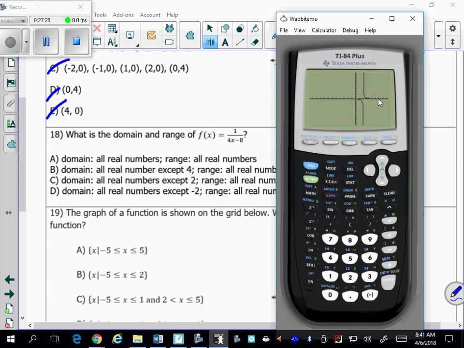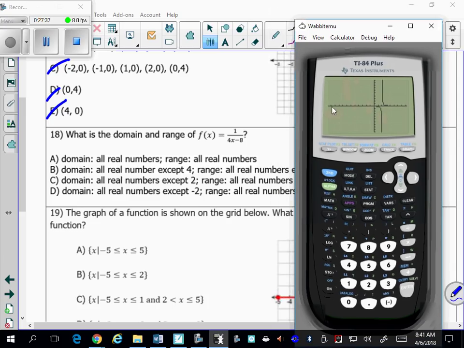The domain is all the real numbers, except there's a split here. So if you were to squish it all to the x-axis, there's a blank spot at, looks like 2. So domain is all real numbers except for 2. You could also look at the table. And you see at 2 there's an error. So that means all x values are good except for at 2. So that's C. It's the only answer that has that.